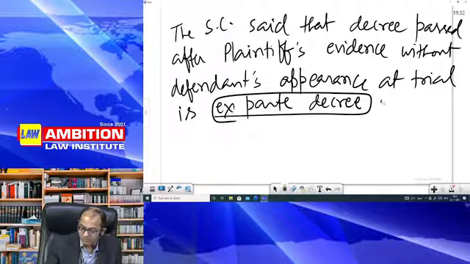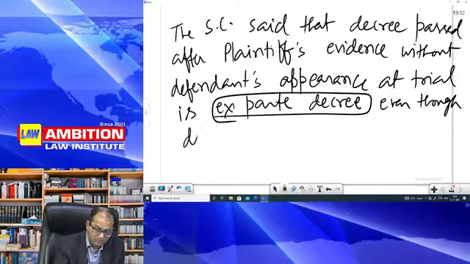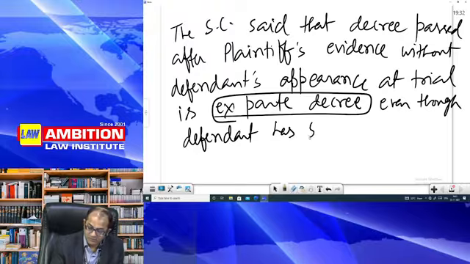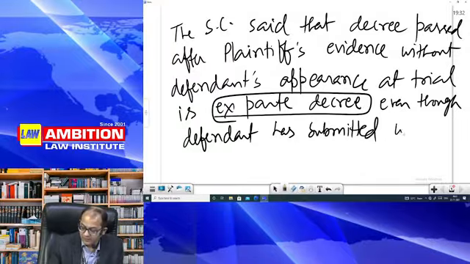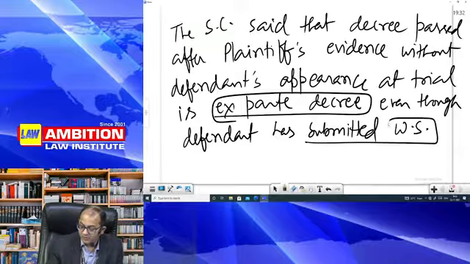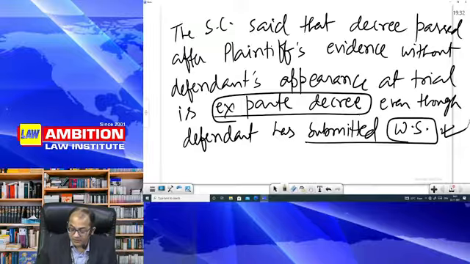Even though the defendant has submitted the WS, submission of WS is not a big issue.